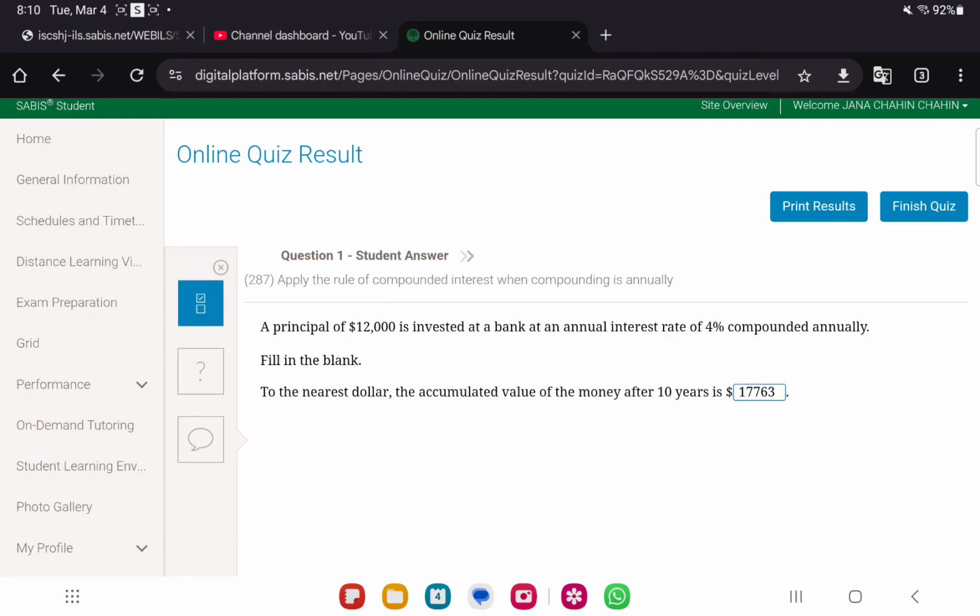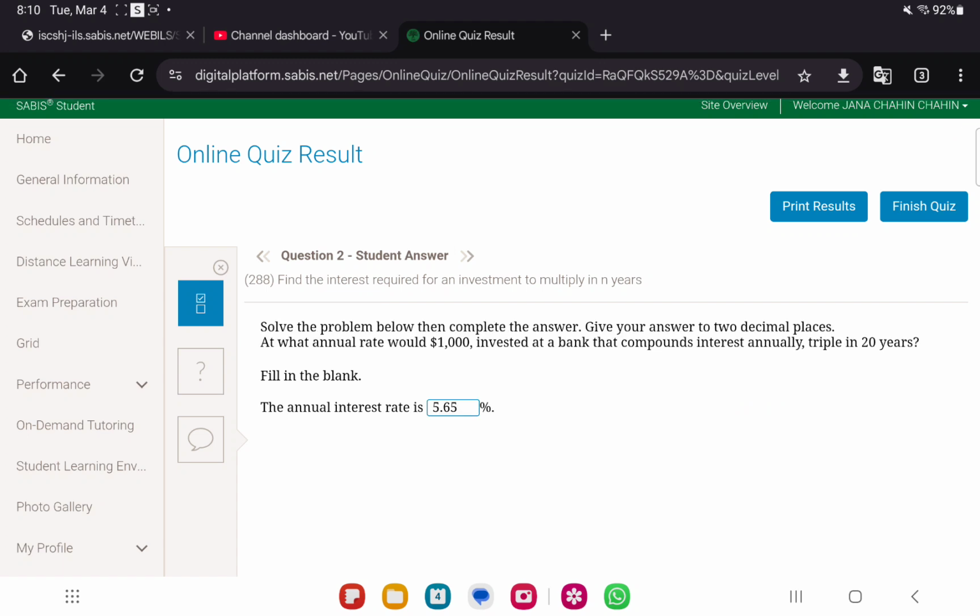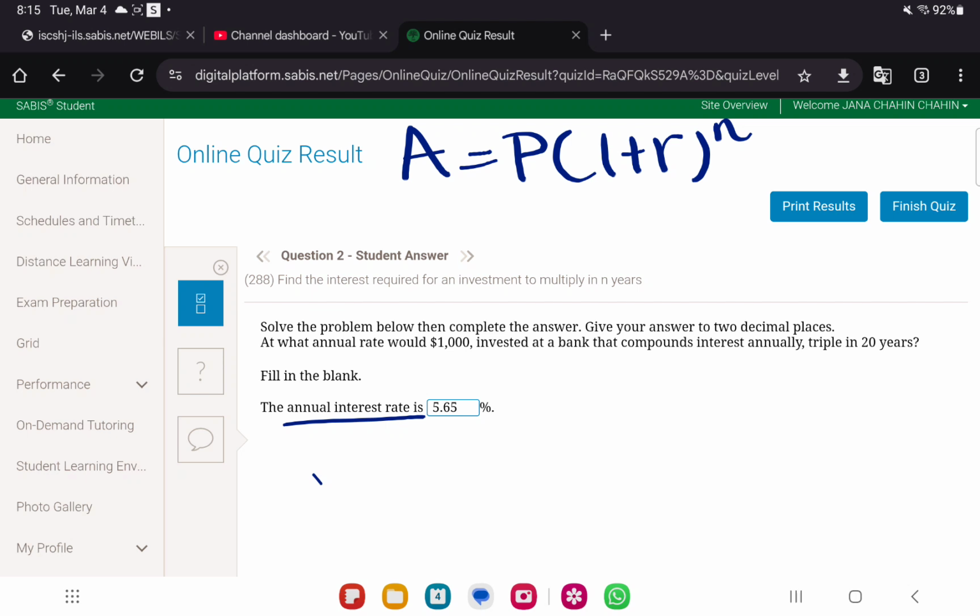Second question. It's a bit more complicated because they're not asking for the accumulated value. They're asking for the annual interest rate. The formula is A equals P(1 plus R) to the power of N. Here they want R, and they don't give us the value of anything except N, which is 20 years.